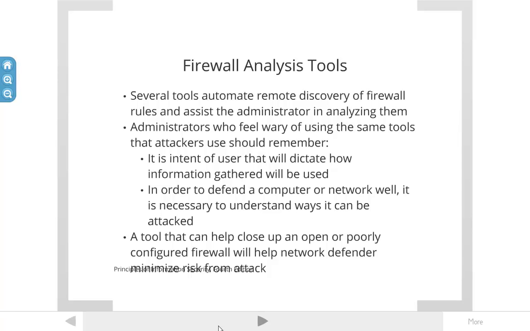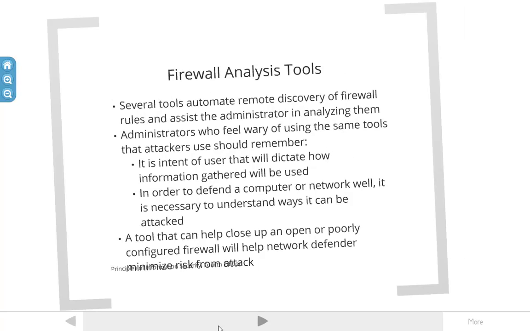I think in our analysis of the PC Week hack, the little competition that they set up, the hacker that described how they did that started with some of these analysis tools. They scanned the network, they figured out what hosts are present, and then they were trying to analyze which paths through the firewall would work.